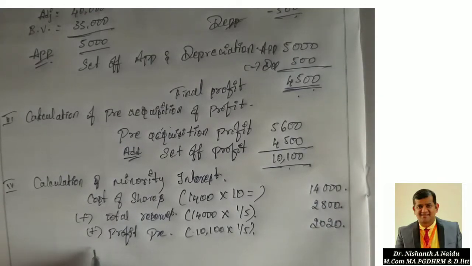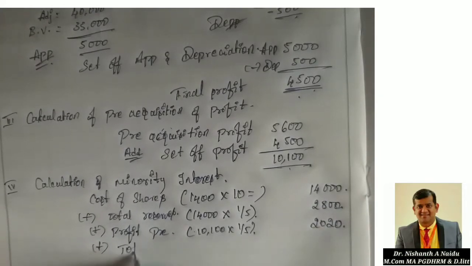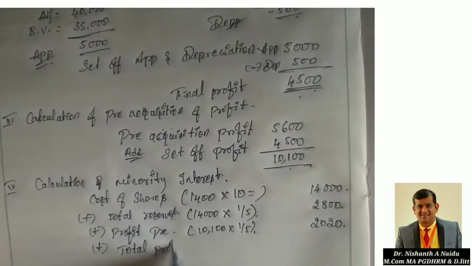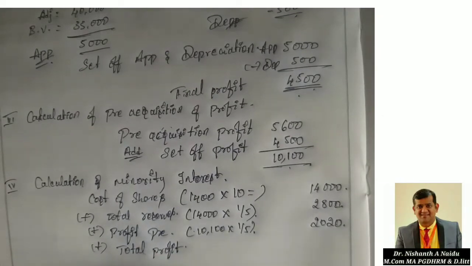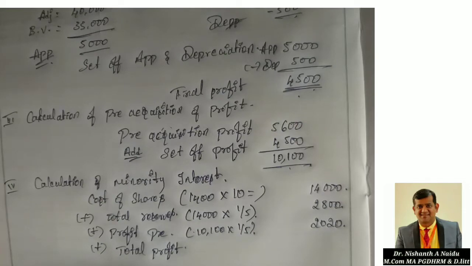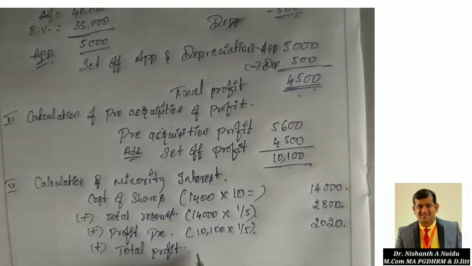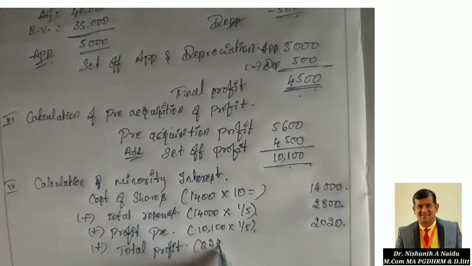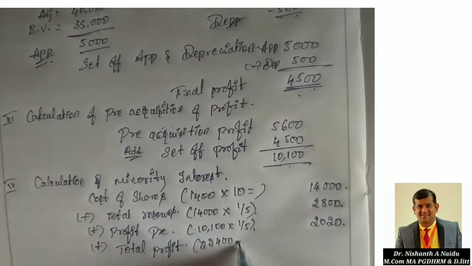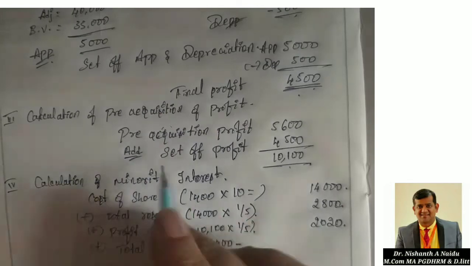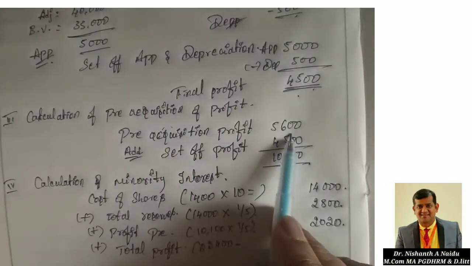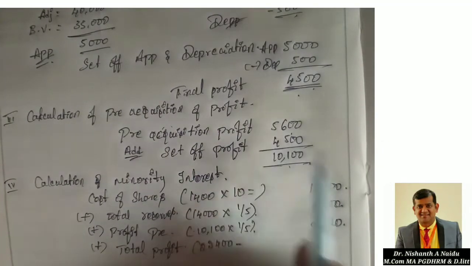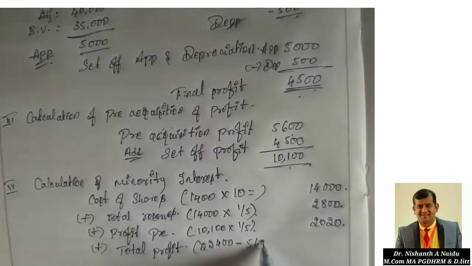Then add total profit. So how much total profit we have? Check out in the balance sheet. Q Company Limited profit column, 22,400 is given, less pre-acquisition profit 5,600, which has been given in the adjustment that you need to deduct.